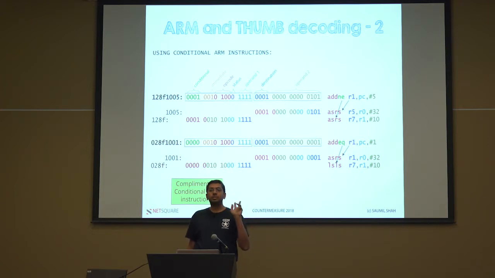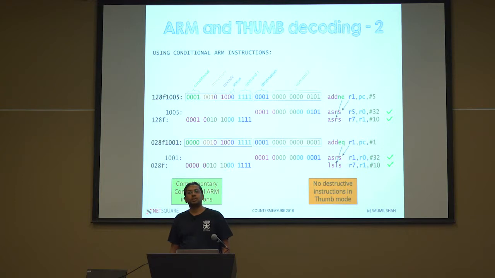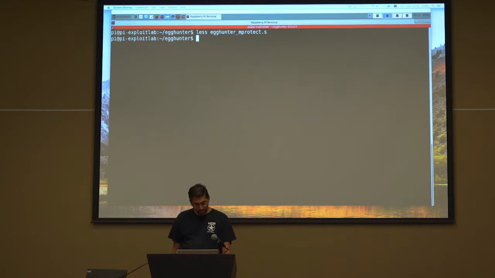By playing around with conditions correctly, I can therefore control what instructions will be generated when viewed in thumb mode. And in this case, all the instructions are okay, and I'm not limited by any of these issues. No destructive instructions.